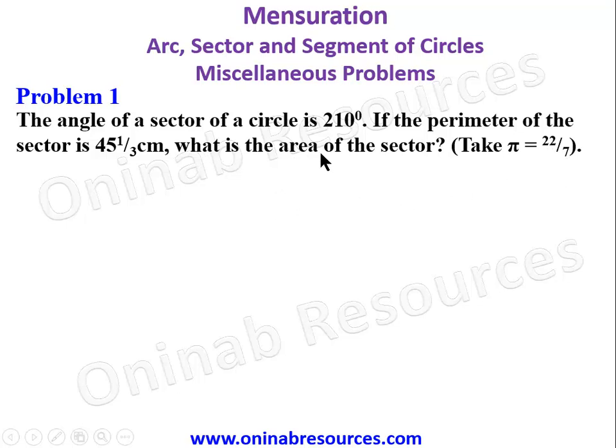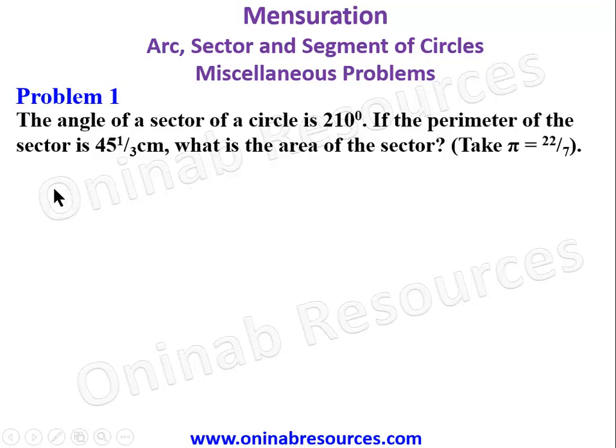In this problem, we are not given the radius of the sector, even though we are given the angle of the sector. So we won't be able to calculate the area directly. So we are going to use the perimeter of the sector given and the angle of the sector to calculate the radius of the sector.